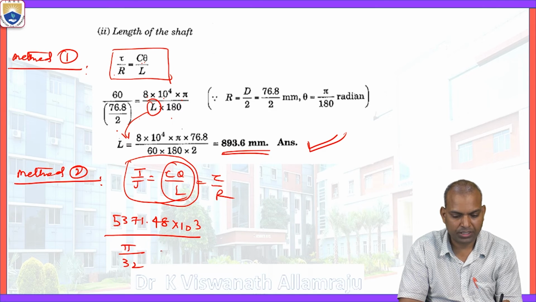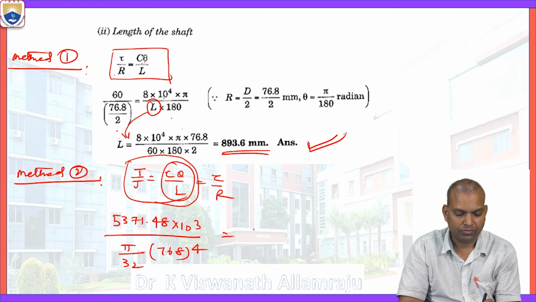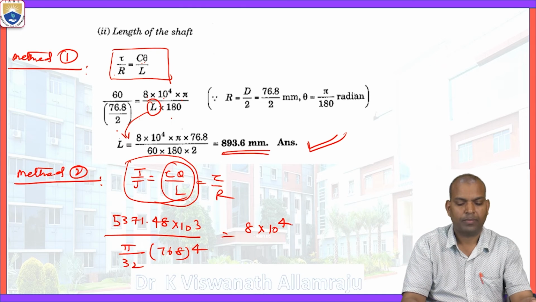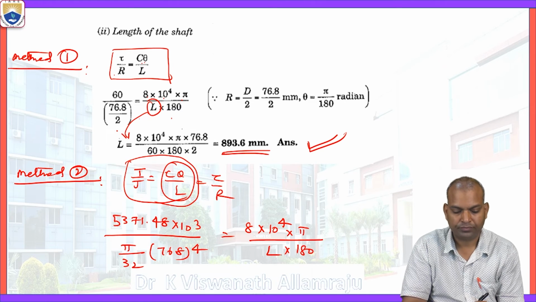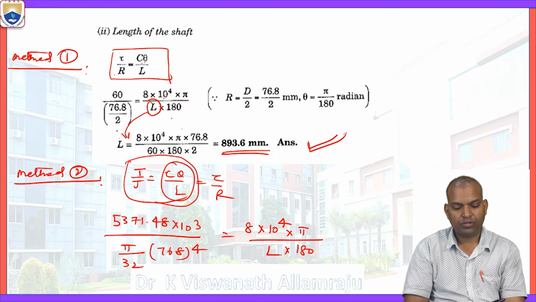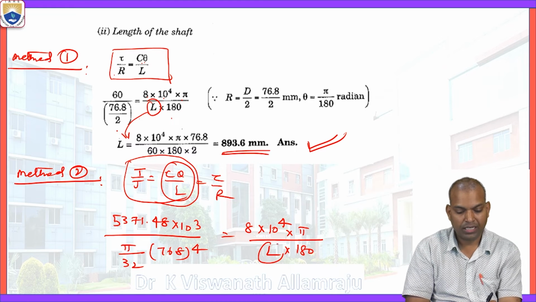What is the diameter here? That is 76.8 power 4. What is the C value? Modulus of rigidity 8 into 10 power 4. Theta pi by 180 and L. So from this also we can calculate L value.